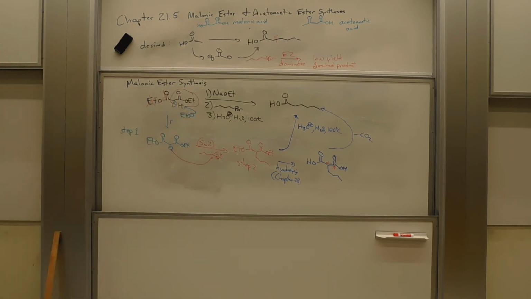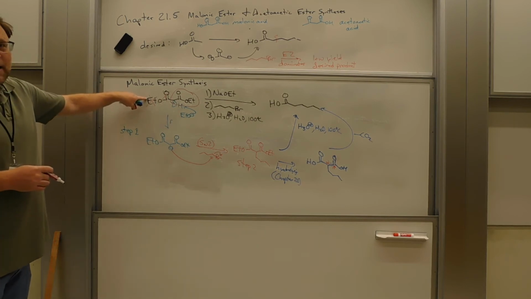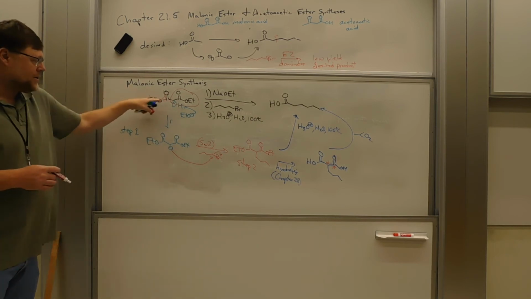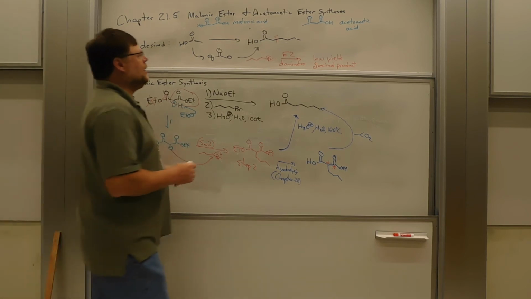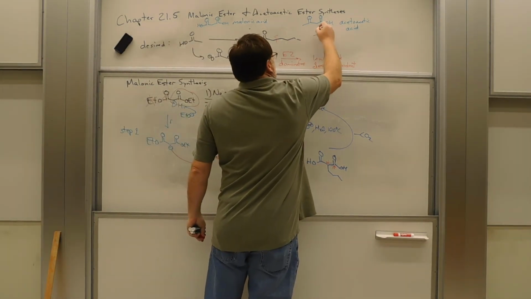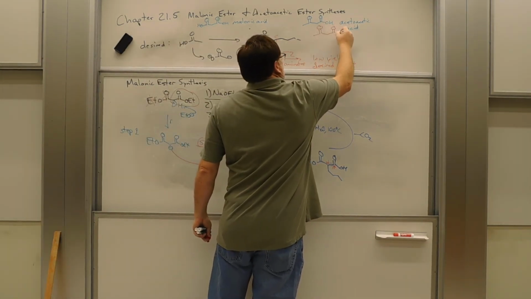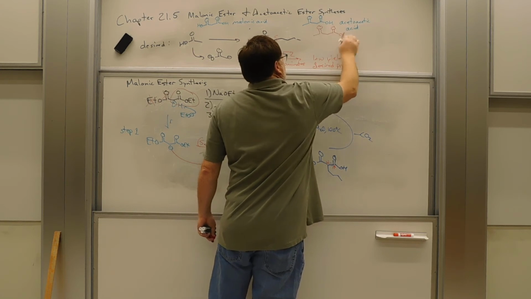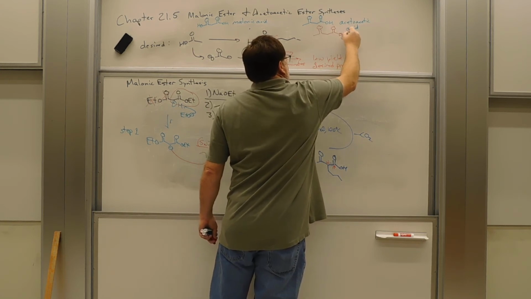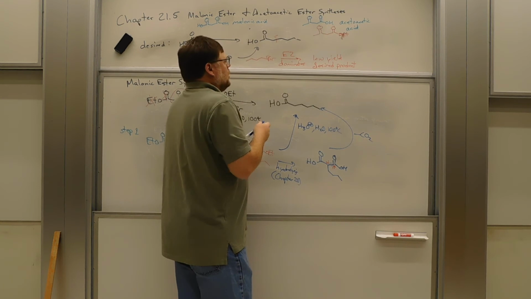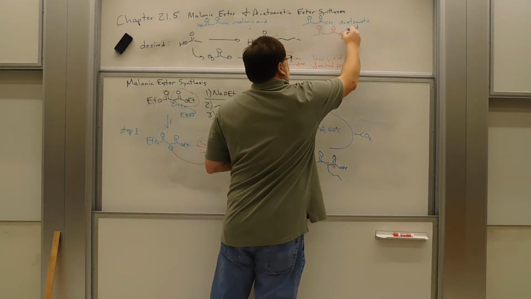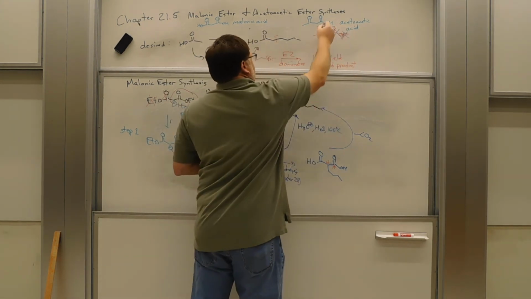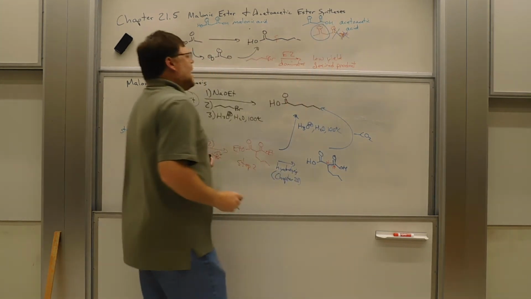The dicarbonyl compound could be either a malonic ester, so 2 esters, or an acetoacetic ester synthesis, right? And so up here, you're going to be able to hydrolyze and decarboxylate. And so the synthon is that.